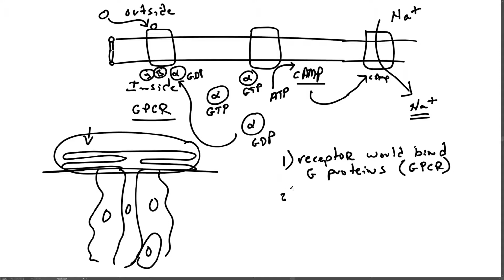Their second assumption was that they were members of a large family of proteins that were similar, but each protein, each receptor, would bind to a different odorant.